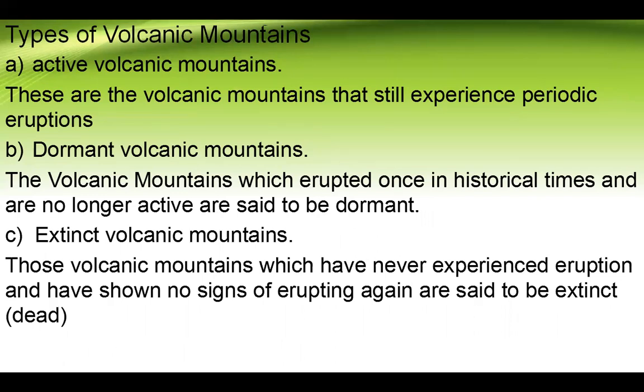So this means that these can have volcanic activity at any time. The second one is the dormant volcanic mountains. These have erupted once in historical times and are no longer active. So they're like asleep. They cannot experience any eruptions in the near future.